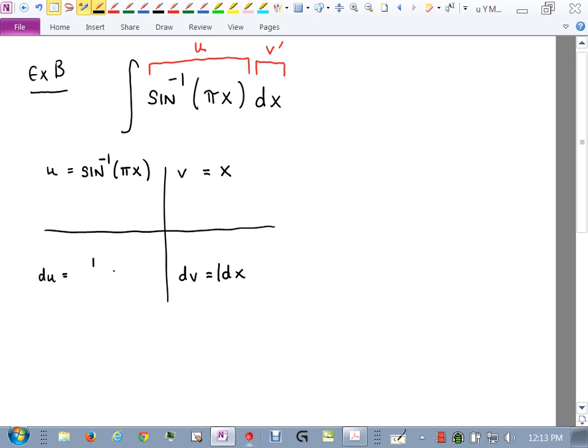That's x. And then coming down derivative-wise on this side, I go to my table if I don't remember it. It's 1 over the square root of 1 minus whatever was there squared, right? So pi squared x squared, you have to square both the pi and the x. Am I done with this?